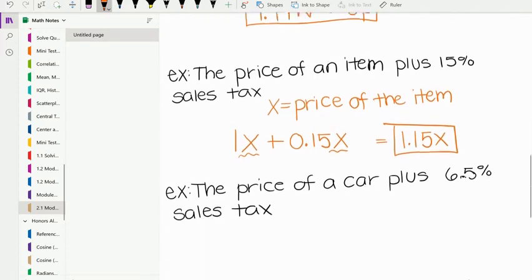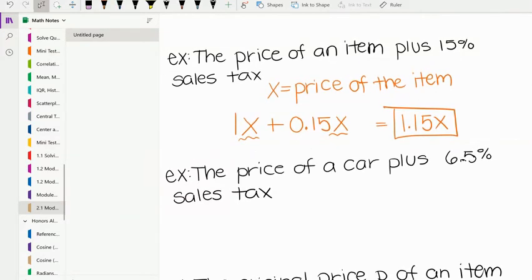Okay, let's go ahead and try another. The price of a car plus 6.5% sales tax. Again, we don't know the price of the car, so I'm going to say X equals the price of the car. All right, and then plus 6.5% sales tax.